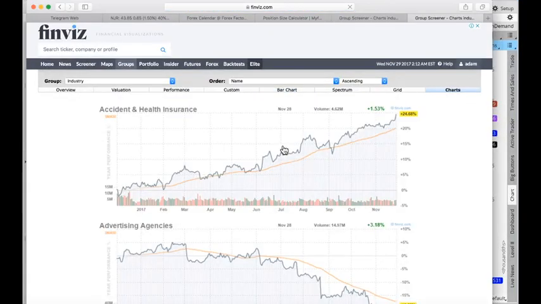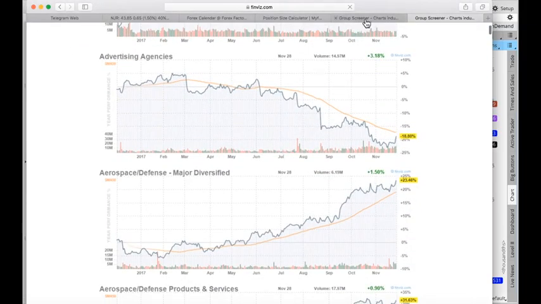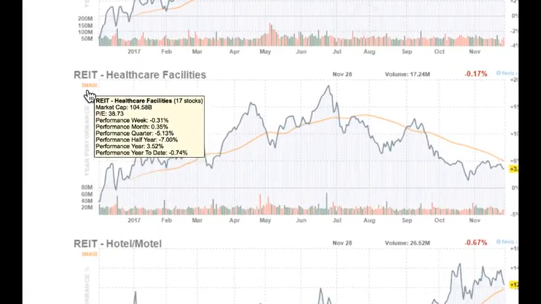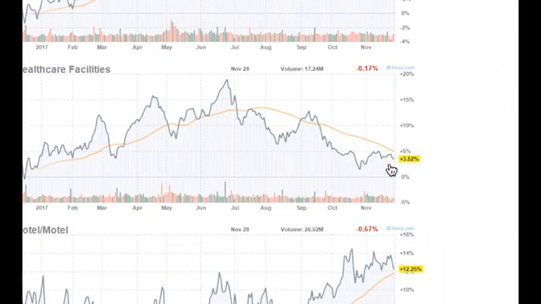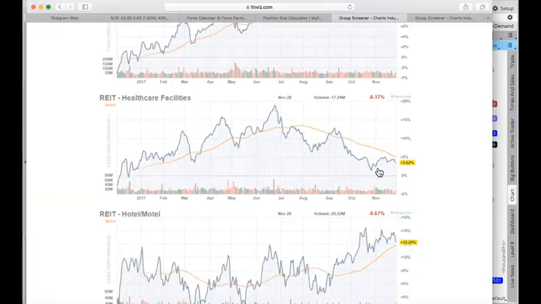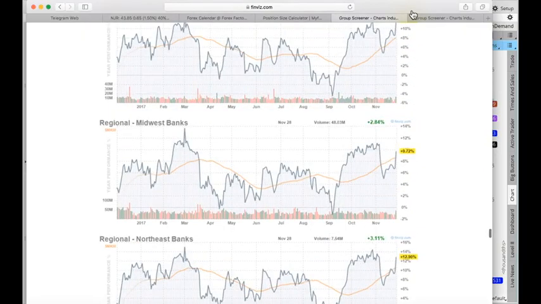Okay. And if you scroll down, I've already pre-selected it here. You can see, there we go, right? Healthcare facilities, and you can see that it's on a downtrend. Okay, it's below the orange line, which is the 50 moving average, right? So you can see that the industry is on a downtrend. So when the industry is on a downtrend, chances are the stock is going to go down as well. Okay, so that gives us the highest probability of shorting a stock when the industry is on a downtrend as well.